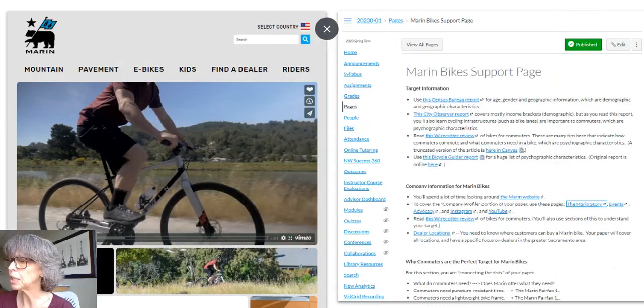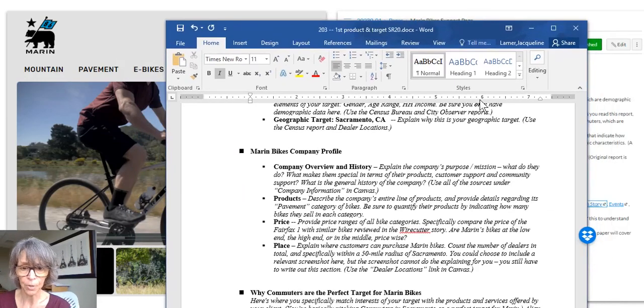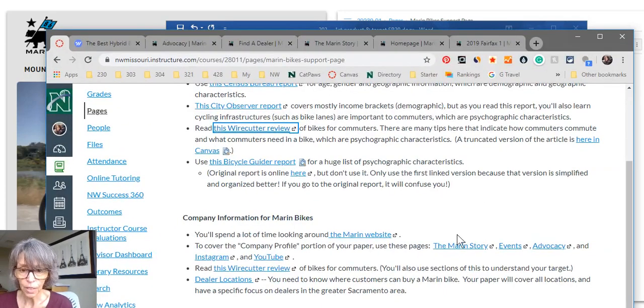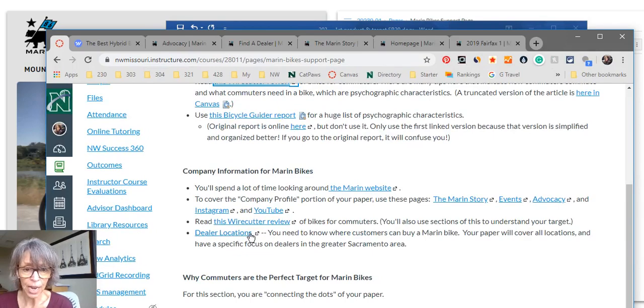So moving along, the next part of this paper is place, and that means I want you to explain where those bikes are available for sale. So, you're going to mention dealers, of course. I've linked to that from your support page. It's right here, dealer locations.